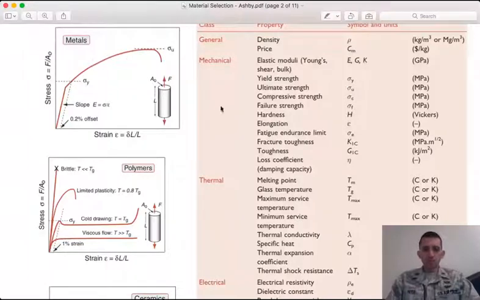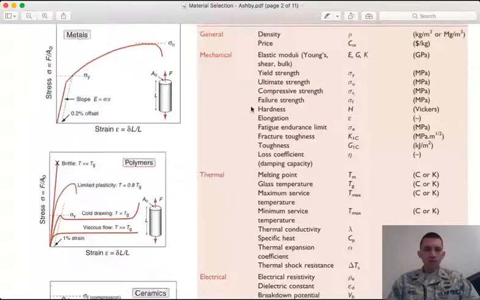And so this is a typical tensile strength or tensile test for a metal, but we also have mechanical properties that you don't necessarily derive from a stress-strain curve, such as fatigue life, fracture toughness, right?